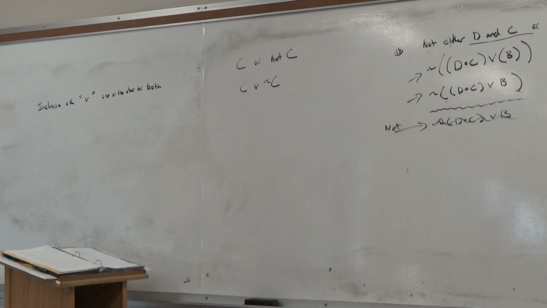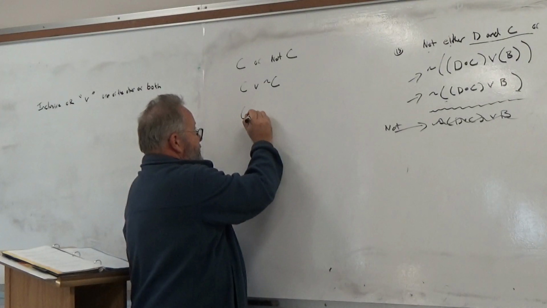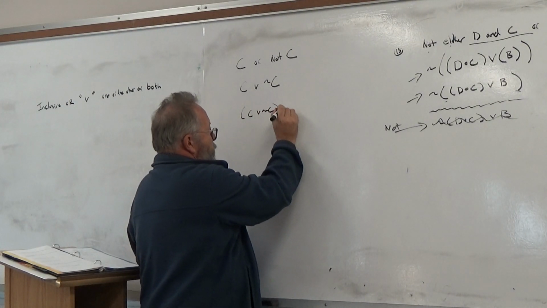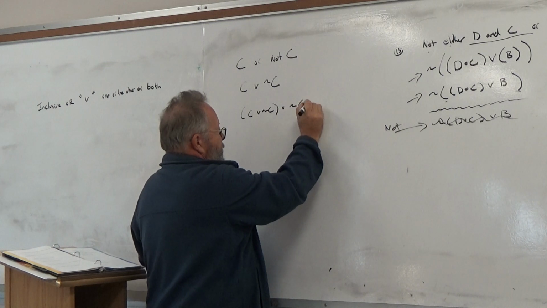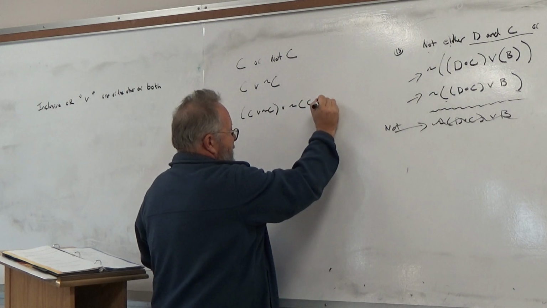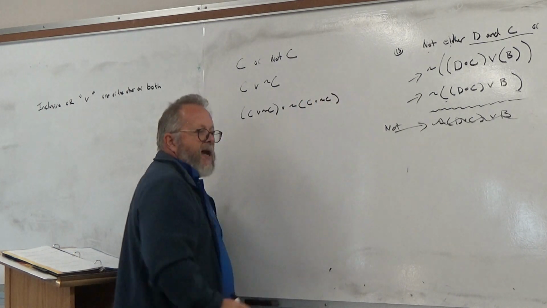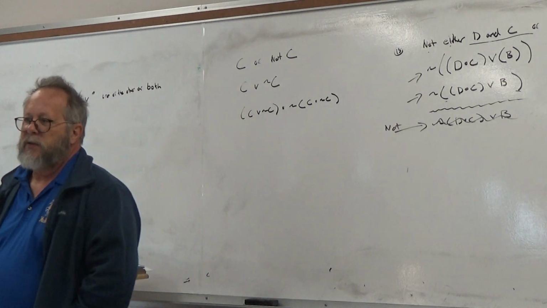Both. Can it be C and not C at the same time? No. So what kind of or does this need to be? Exclusive. Right, so what we have to do is this, C or not C, but not both C and not C. And that makes it an exclusive or, right?